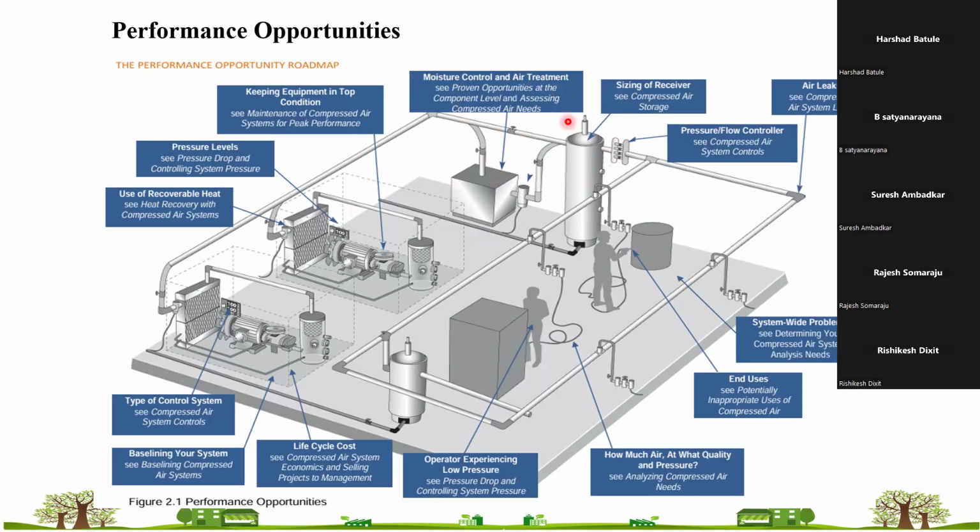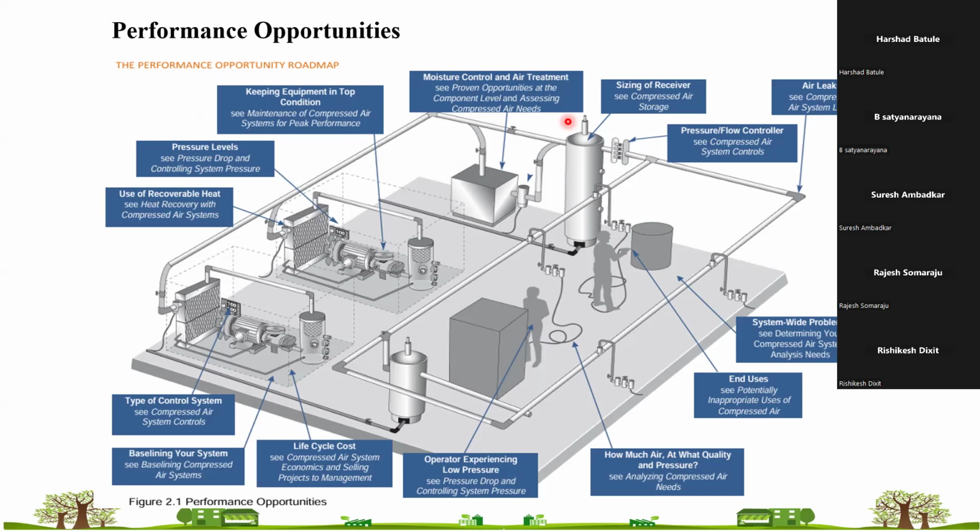Then sizing of the receiver is very critical. There is a thumb rule: whatever meter cube per minute is your delivery of the compressor, 1 minute of storage has to be there in the receiver.